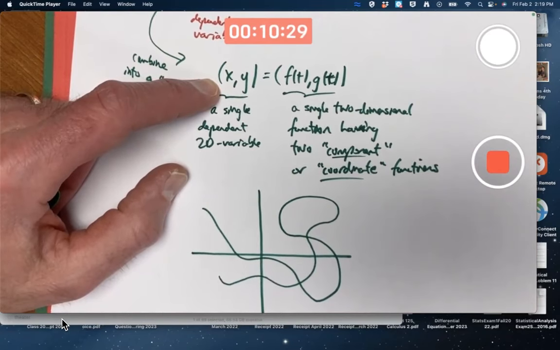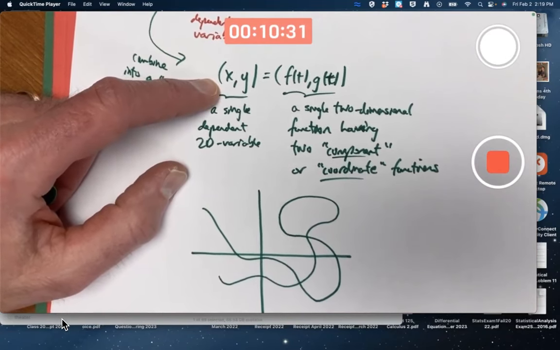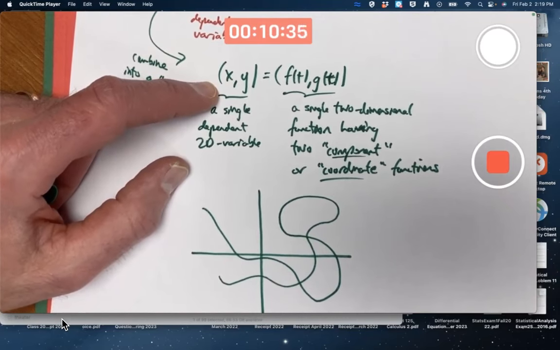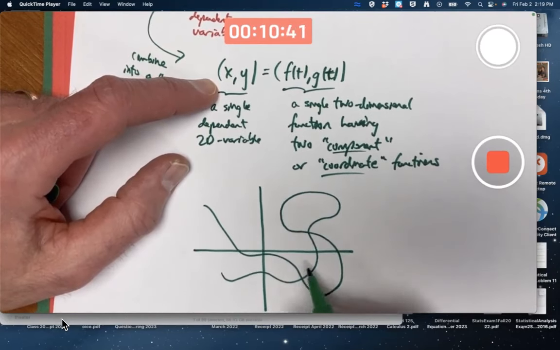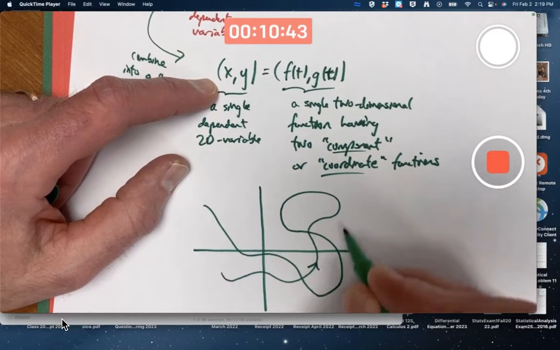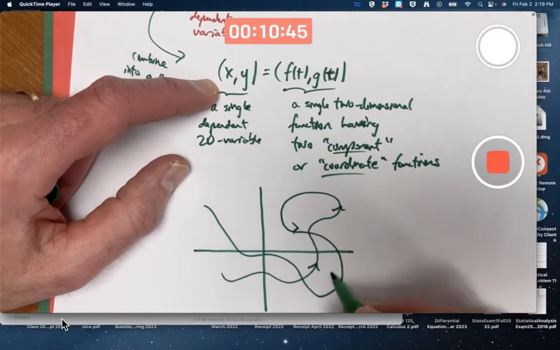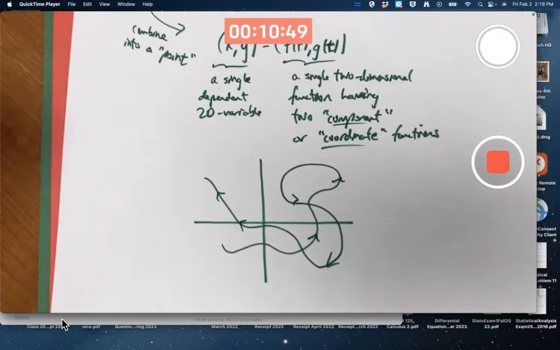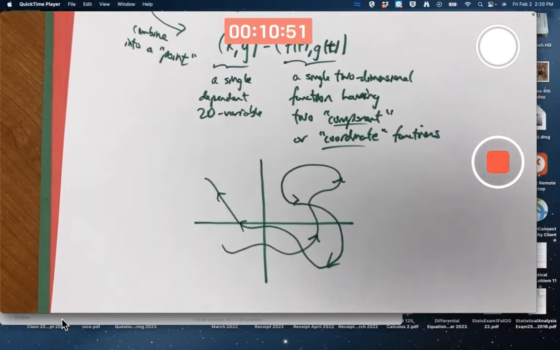Because t increases. I mean, we could let t decrease, but usually you want to imagine t increasing. Time is going by. So it's not any old motion along this curve. It's got a certain direction, like the direction I drew it in. So you want to also draw arrows. But there's another subtlety that this drawing can't illustrate.